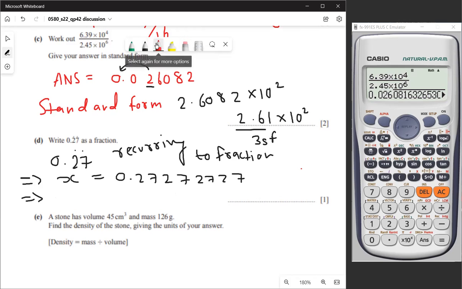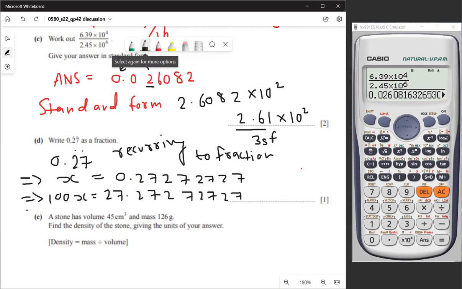Actually, we won't do 10, we'll do 100. Why will we do 100? Because I want it to cancel out. If I do it with 100, I'll get 227.272727. All of these will cancel out, right?